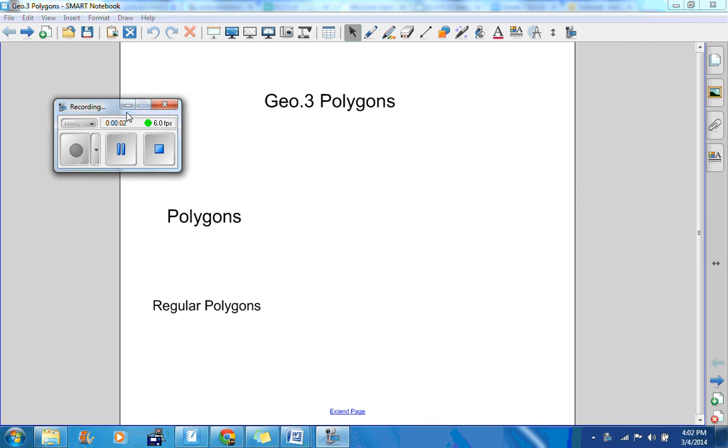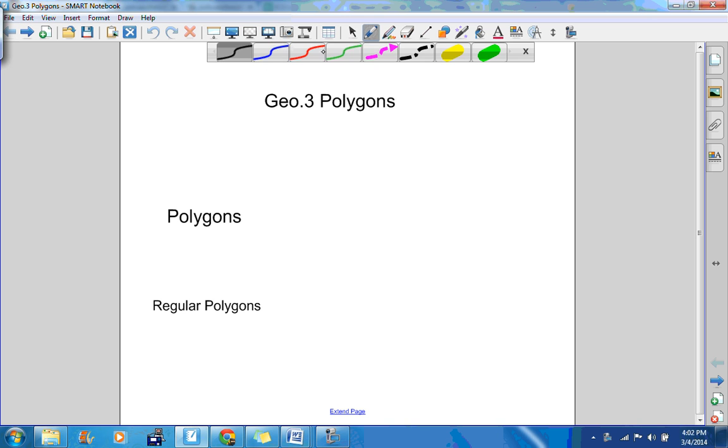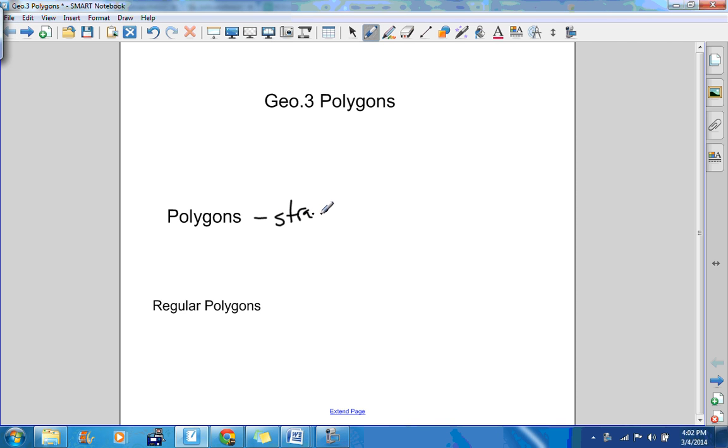All right, 7th grade, we're going to start working on the third section of this unit, which covers polygons. And the important parts of polygons are that they only have straight lines and they have to have closed sides.